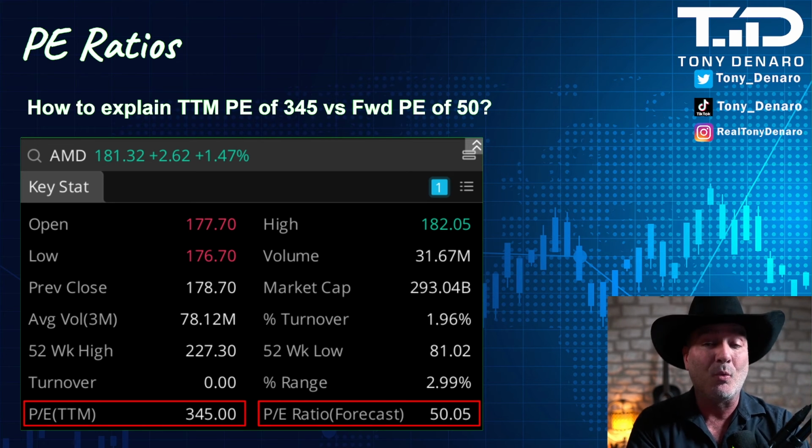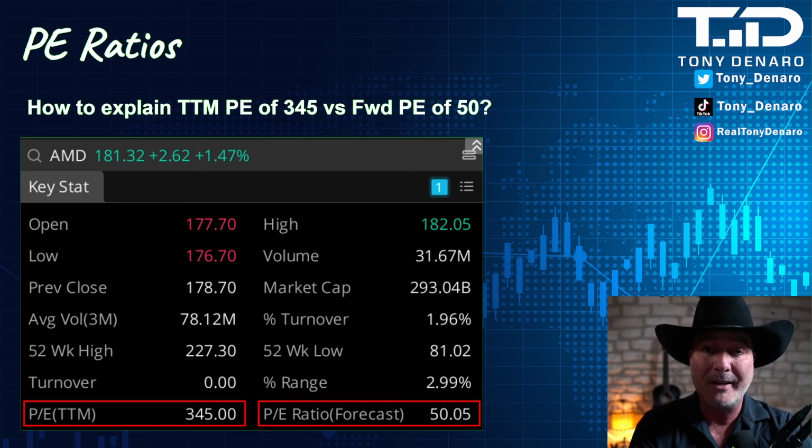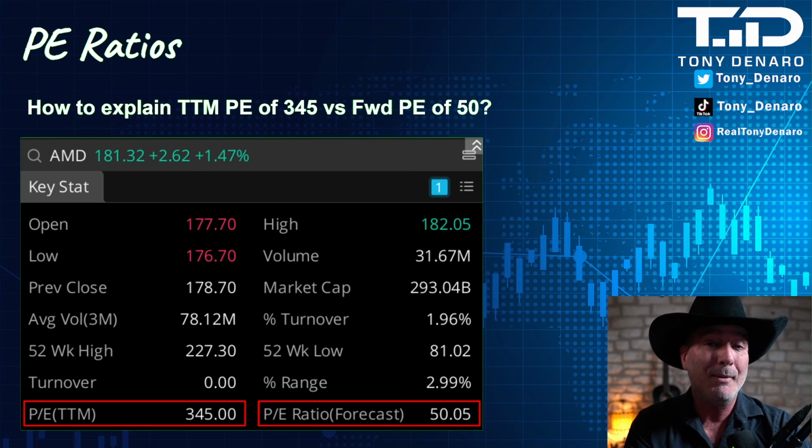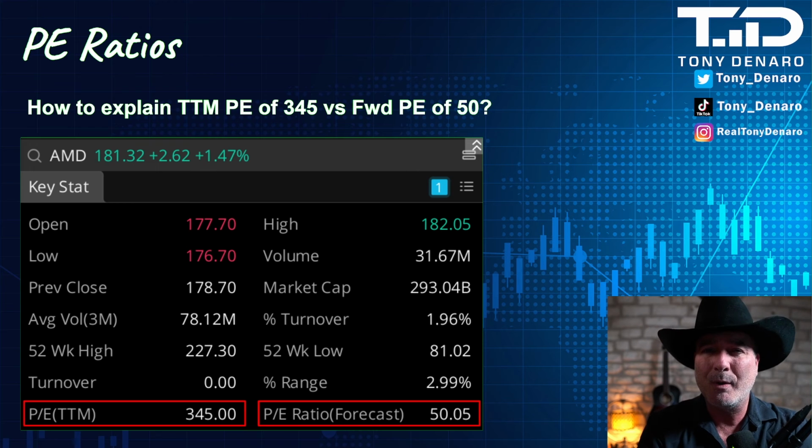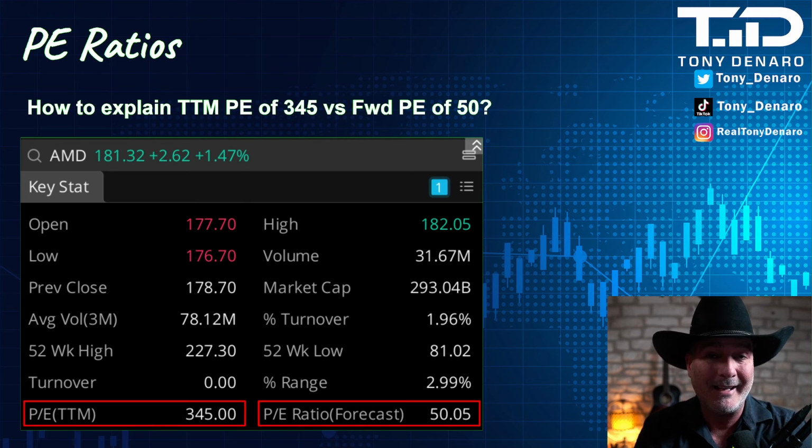But we know that we expect in 2024, AMD is going to deliver $3.66 total earnings for the year, making the PE ratio a much more reasonable 50. So what we want to be looking at in the case of AMD is the forward PE ratio. 50 is a very reasonable PE ratio for a high growth company like AMD. So I would say that the stock is aggressive, but still fairly valued at $181.